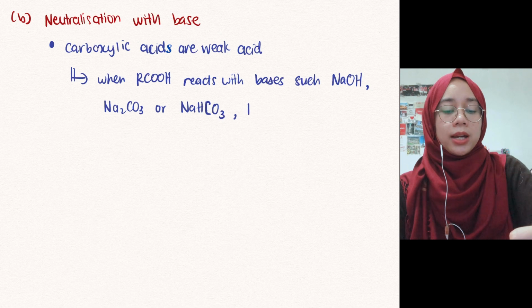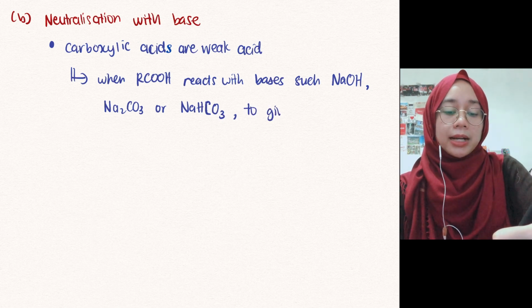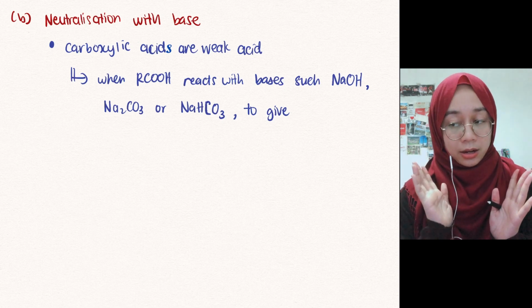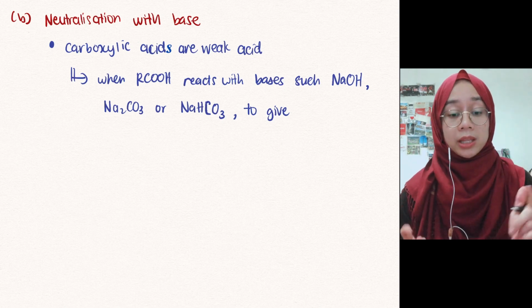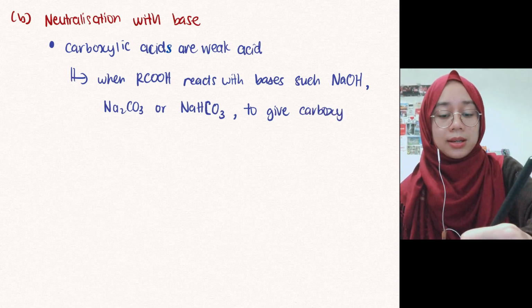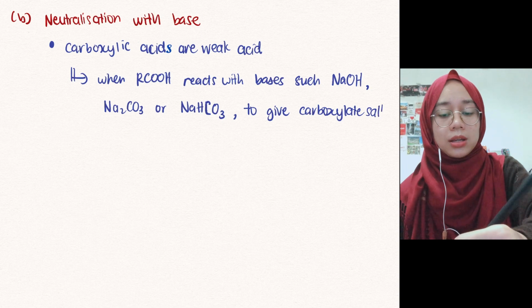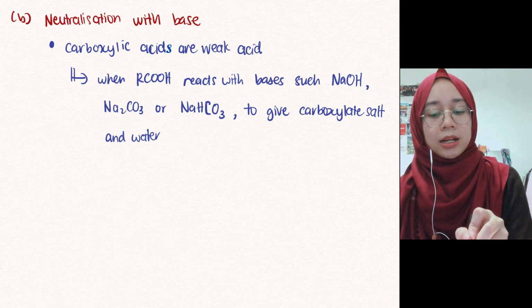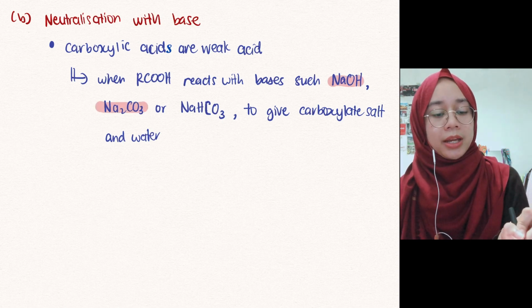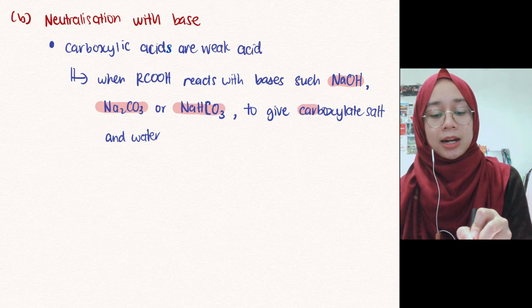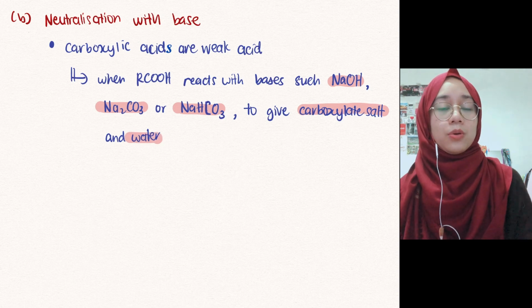So apa yang berlaku adalah, macam saya cakap tadi, asid tambah dengan base, kita akan dapat salt and water. Specifically, kita akan menghasilkan carboxylate salt and water. So contoh base adalah sodium hydroxide, sodium carbonate and sodium bicarbonate. Meanwhile, dia punya produk pula yang terhasil daripada sini adalah carboxylate salt and also water.